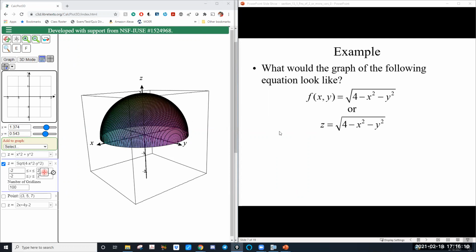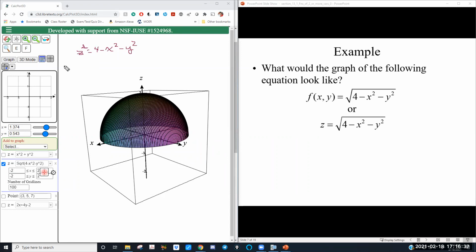A couple things that we can note about this one. The first thing is, if I were to square both sides, notice I would get z squared equals 4 minus x squared minus y squared.